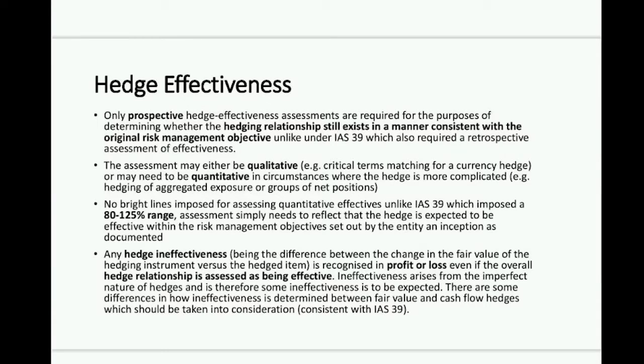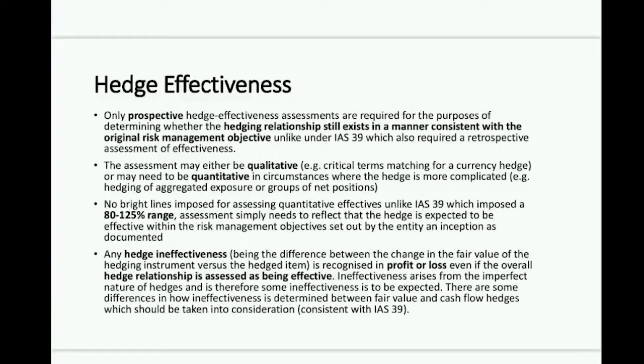No matter what you do in terms of designing a hedge, there's always going to be hedge ineffectiveness, which is really the difference between the response of the hedged item in terms of the change in its fair value and the response of the hedging instrument in terms of its compensating change in fair value to mitigate the risk concerned.